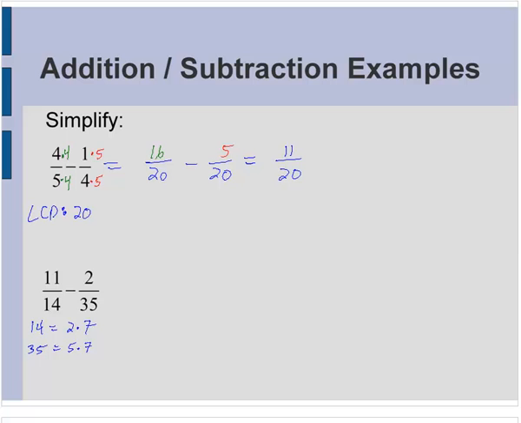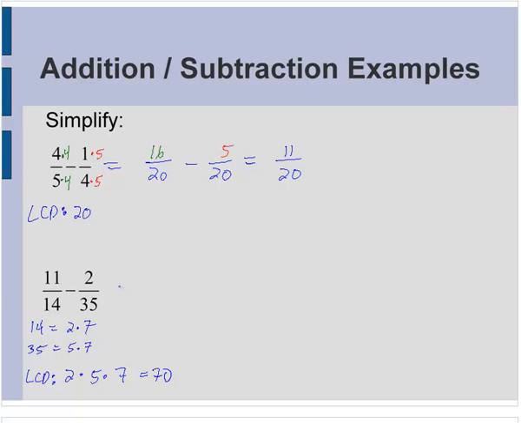So, using the idea that we pick all of the factors that show up the maximum number of times they show in a single factorization, the LCD would be 2, since there's a single 2, times 5, there's a single 5, times 7. Now you say, well, wait a second, the 7 shows up in both of them. Yes, it does. However, again, the idea is what's the maximum number of times it shows up in a single factorization? It shows up once. 2 times 5 times 7 is 70.